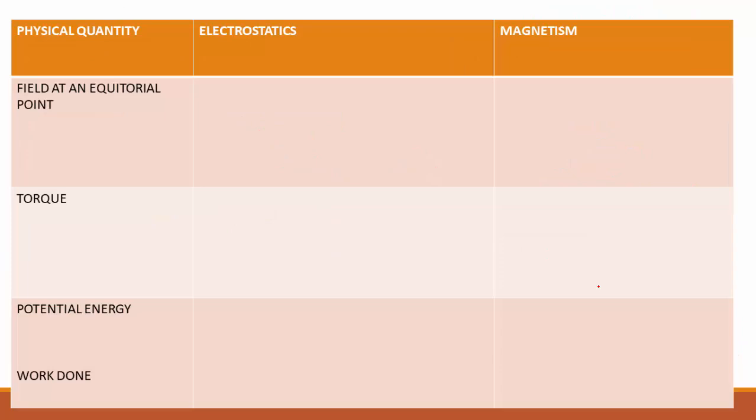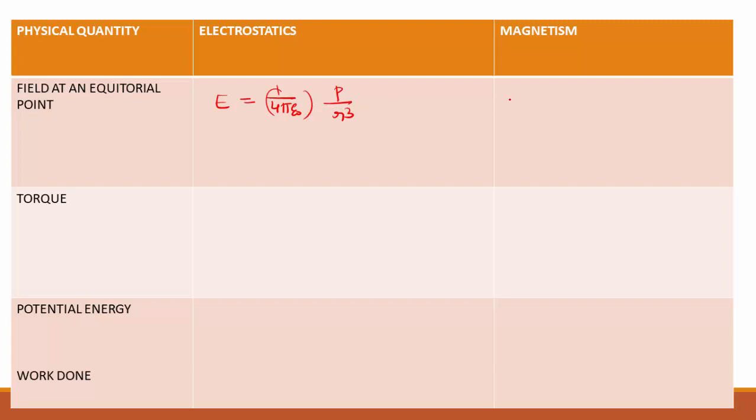The next physical quantity is the magnetic field at an equatorial point. In case of electrostatics, the equatorial line equation becomes E is equal to 1 divided by 4 pi epsilon naught into P divided by r cube, which is the expression for the electric field at an equatorial line.